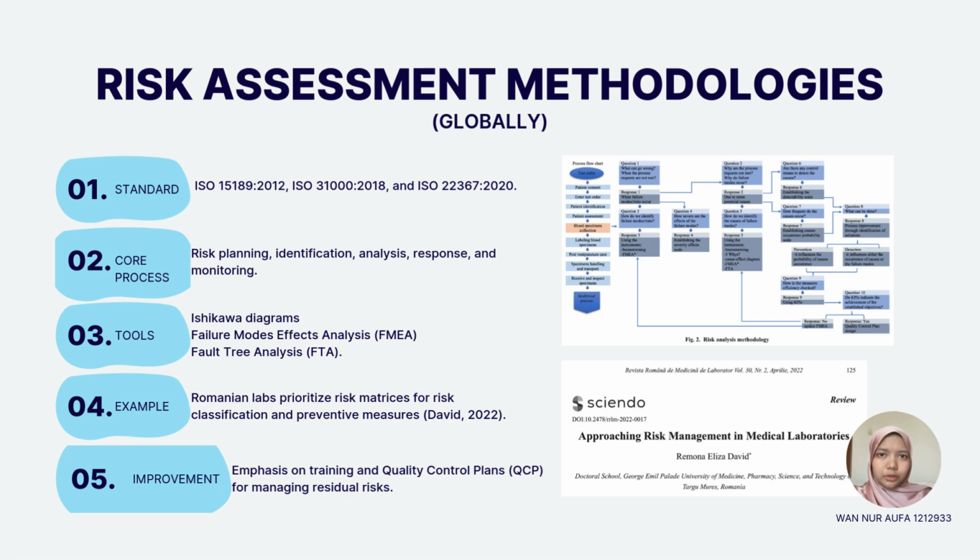The focus is also on creating a risk-aware culture through systematic training and documentation. Residual risk, those remaining after the interventions, are continuously monitored and addressed through quality control plans (QCP).